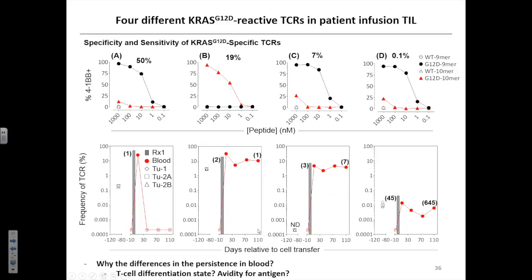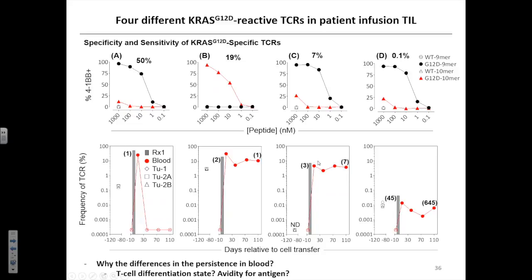And notice, out to 4 months later, 10% of all of the circulating CD8 cells in this patient recognized the KRAS mutation. This receptor, which was 7%, recognized the 9-mer, also persisted, but there were very few of them. And then there was this last receptor.